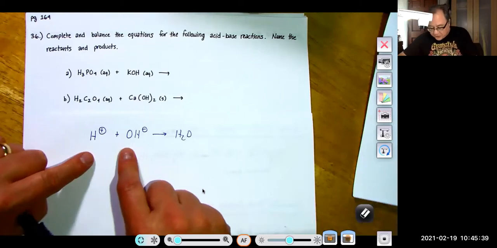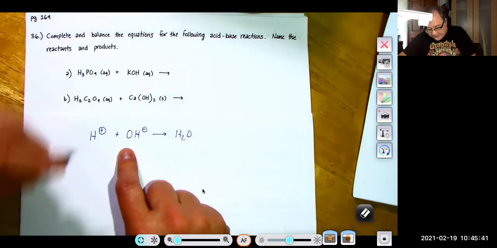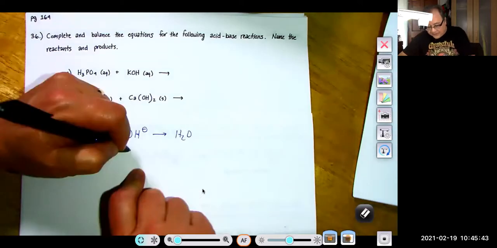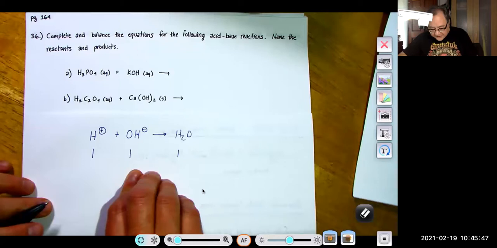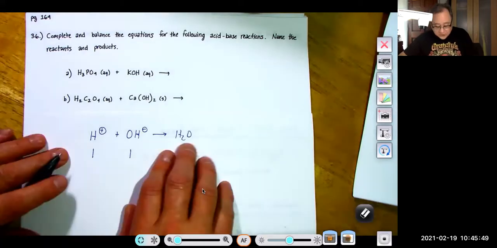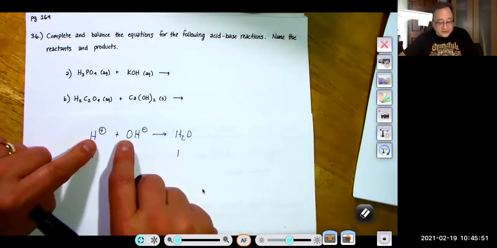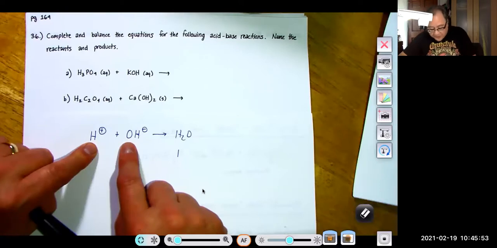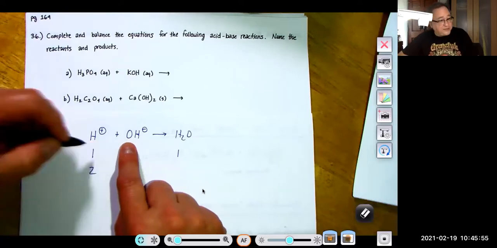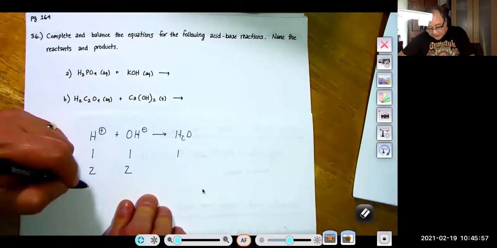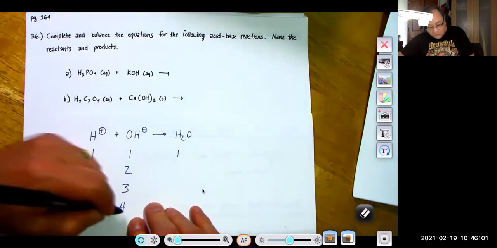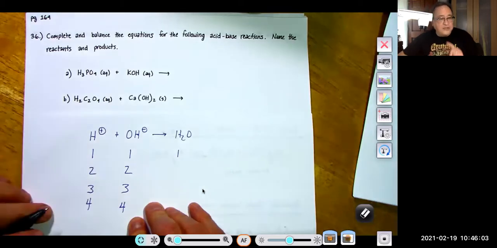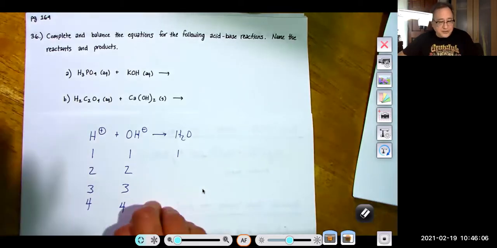The thing you're supposed to notice here is that you need one of these to react with one of these and you get one of these. So when you're trying to balance these things, you want to make sure that the proportions of these two are the same. If you have two H pluses, you want two OHs. If you have three H pluses, you want three OHs. If you have four OHs, you want four H pluses. How do we change the number of hydrogens in a compound? Are we allowed to change the formula?